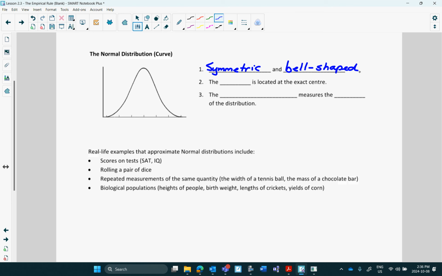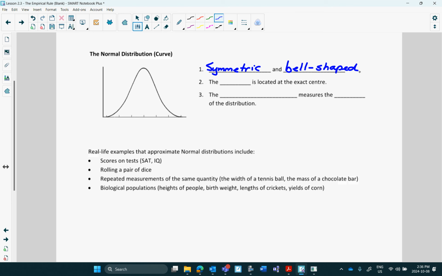When we deal with normal curves, we deal with the mean and the standard deviation as measures of center and variability. We don't really talk about the median and IQR when we talk about the normal curve.